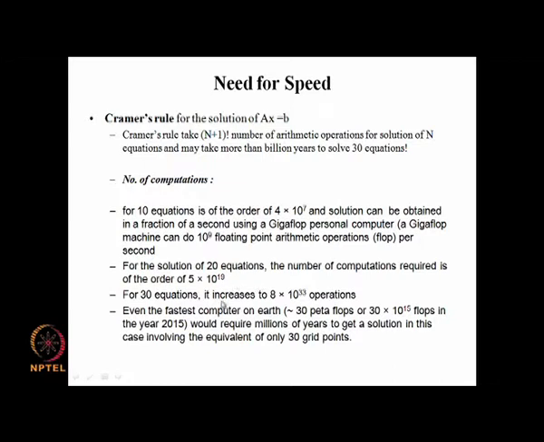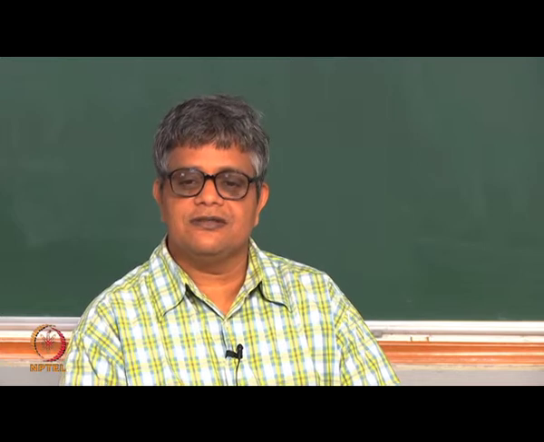And if we divide that by the fastest machine that is available, which can do 30 petaflop operations, so 30 times 10 to the power 15, which is 30 million times faster than your gigaflop machine, and yet even this would take 10 to the power 18 seconds, and that is more than the total age of the earth.